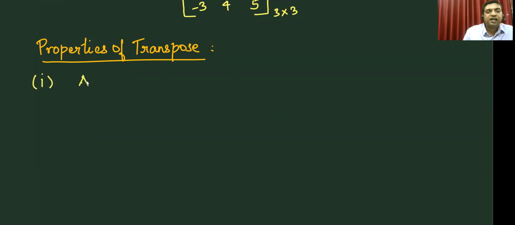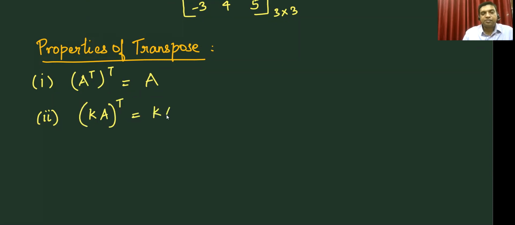First one: the transpose of A transpose will be A. Take the transpose of A, and again take the transpose of that, that will be A. Then K times A, the whole transpose, is K times A transpose. So transpose does not affect the scalar. Transpose does not act on the scalar.